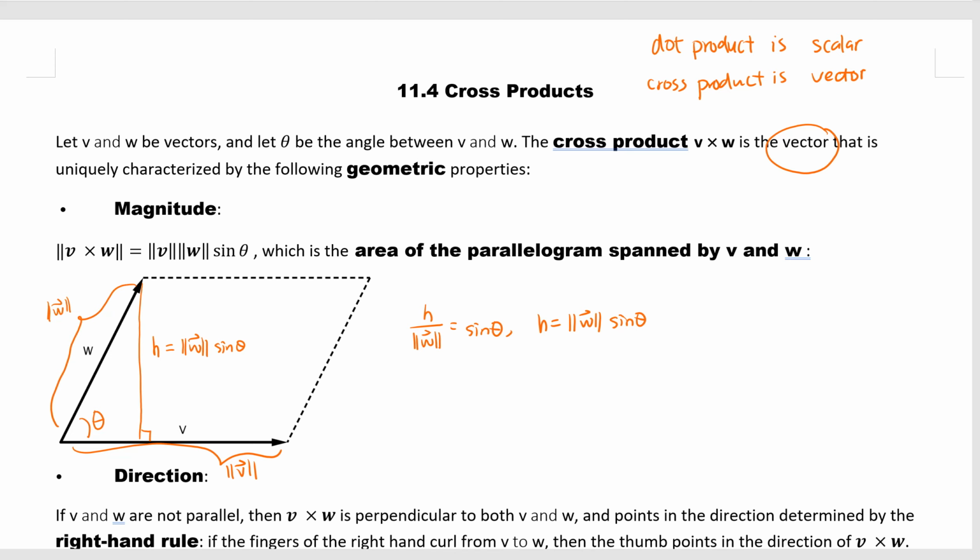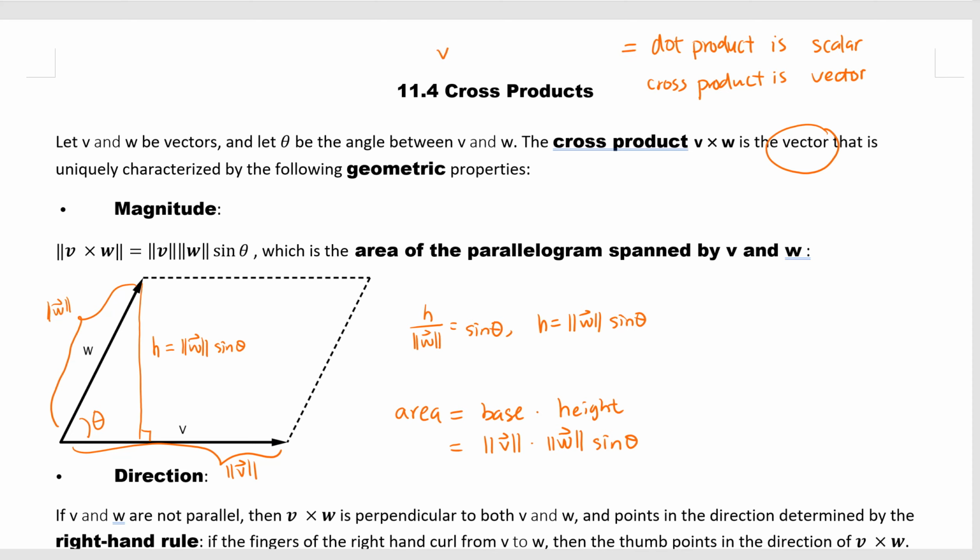Now for a parallelogram, the height times the base, what does that give you? That gives us the area of the parallelogram, right? So area equals base times height, but the base is the magnitude of V. The height is the magnitude of W times sine theta. So it actually gives us the area of the parallelogram. Okay, so notice the difference from the dot product.